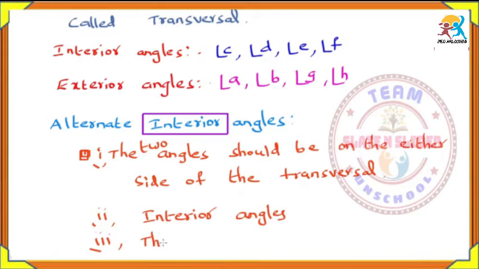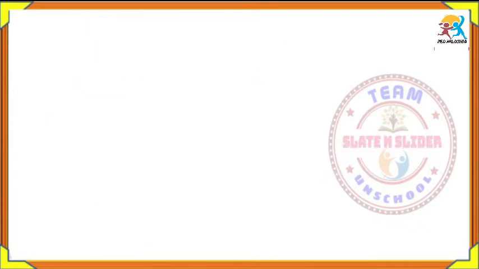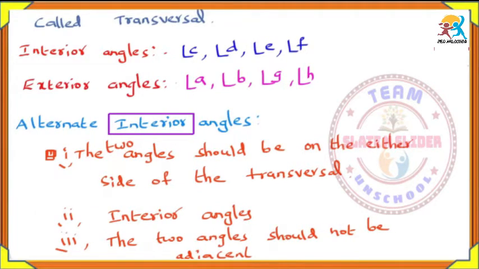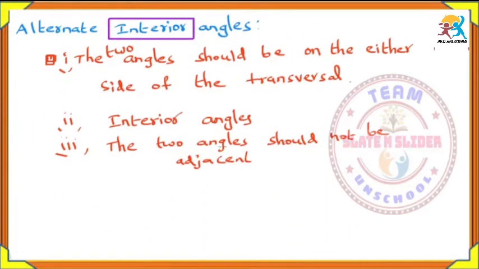So the two angles should not be adjacent. These are the conditions for alternate interior angles.